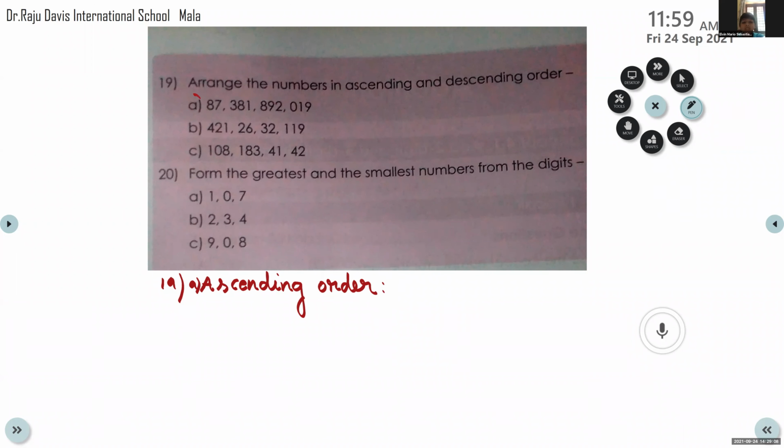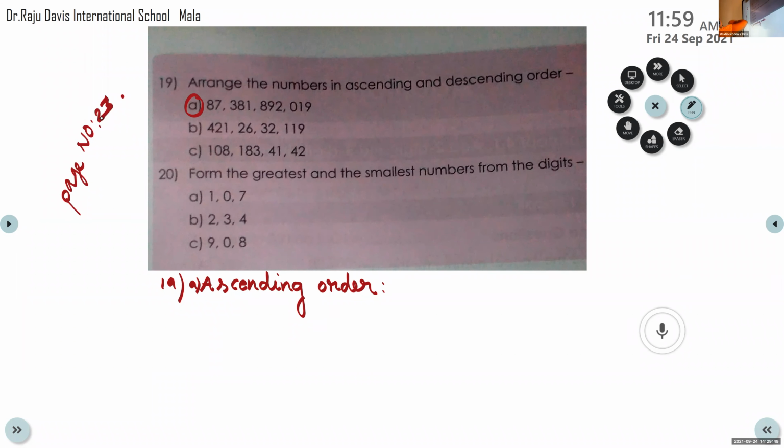Ma'am, where is the space? My dear, the space will be down in the blank space on page number 23. You'll have space to write answers down to question number 20, in the workbook itself. Ma'am, page number? Page number 23.